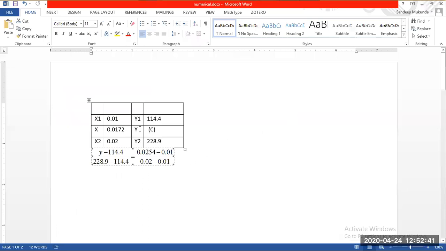Right. So if we interpolate this, what do we get?